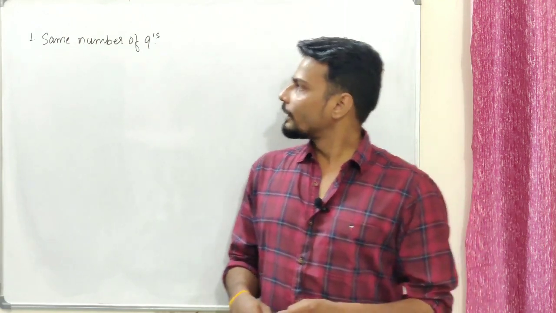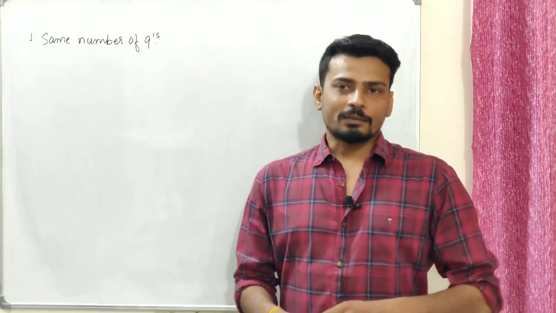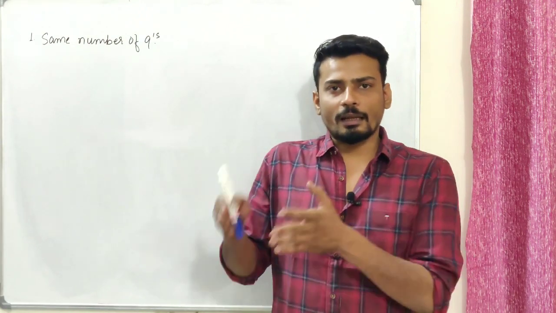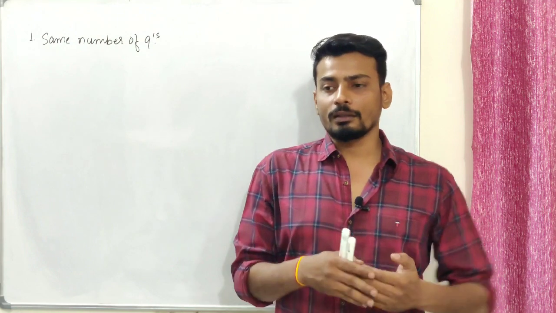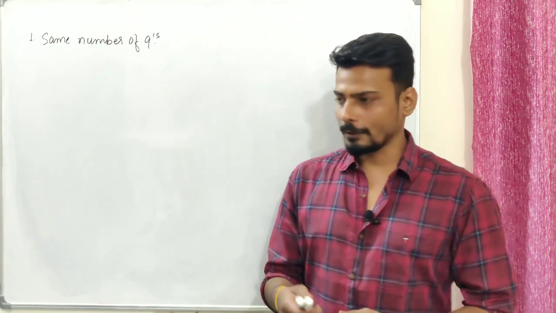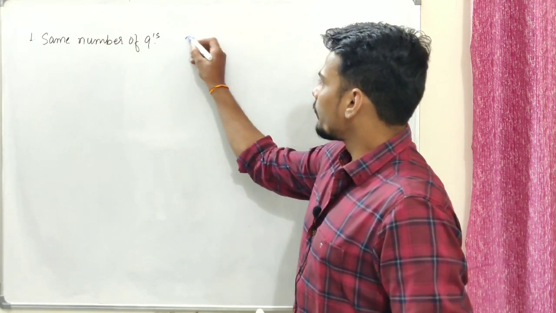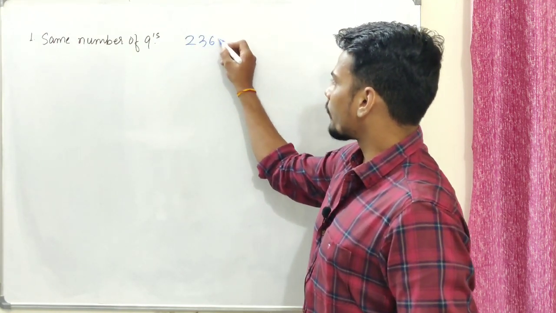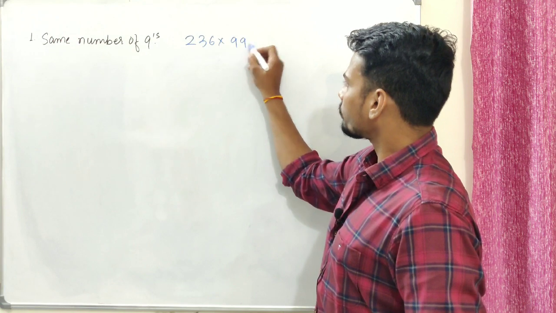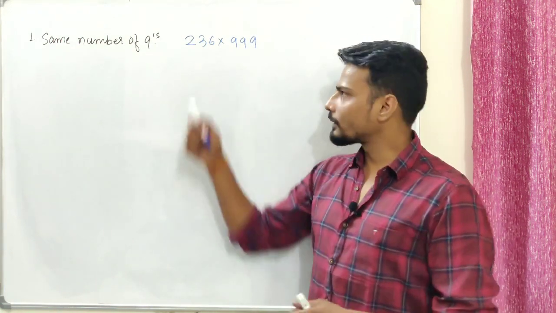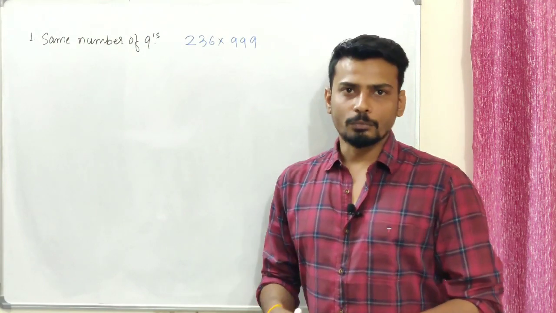When I talk about multiplications with 9, I have classified them in three segments. One, when the number of 9s in a number is equal to the number of digits with which we are multiplying. Let's say, for example, I want to multiply 236 times 999. I'm sure you would do 1000 minus 9 times this, but that's going to take slightly more time.